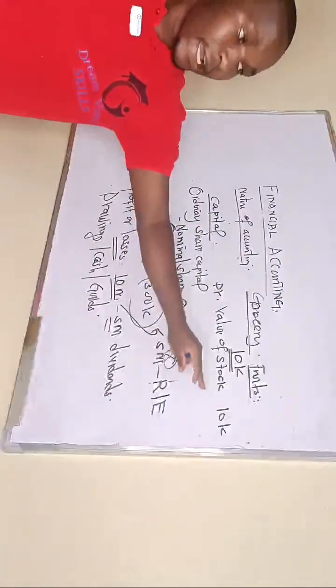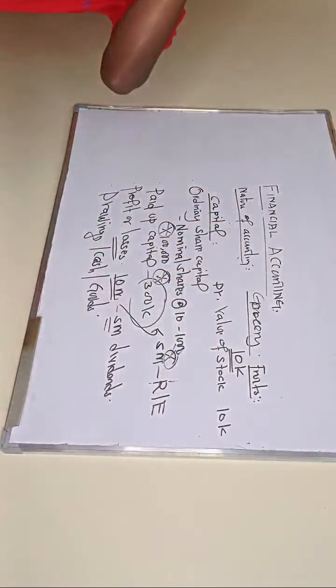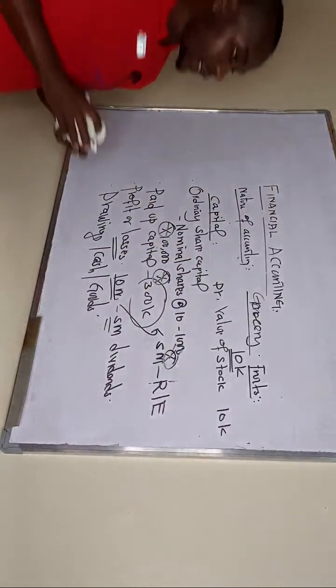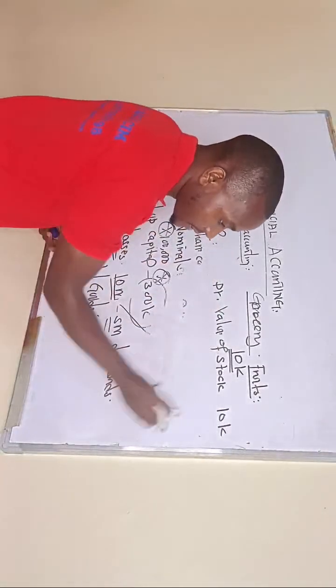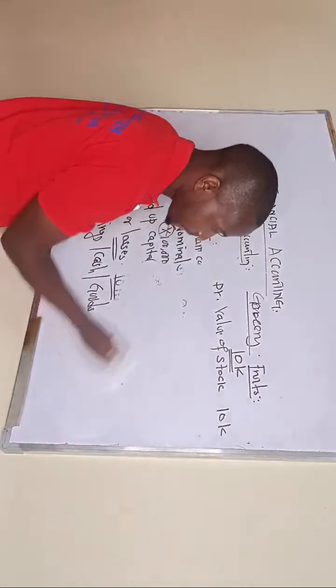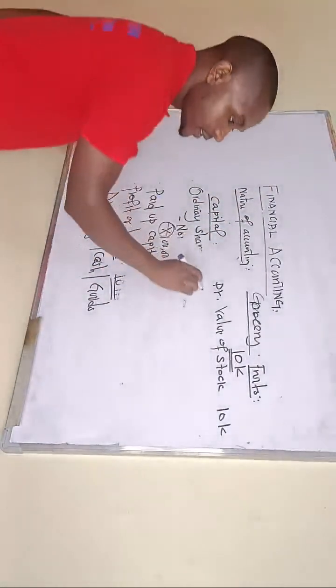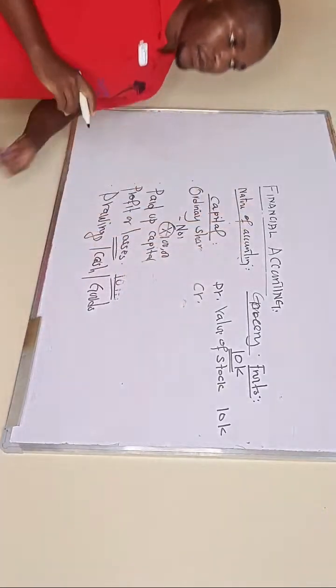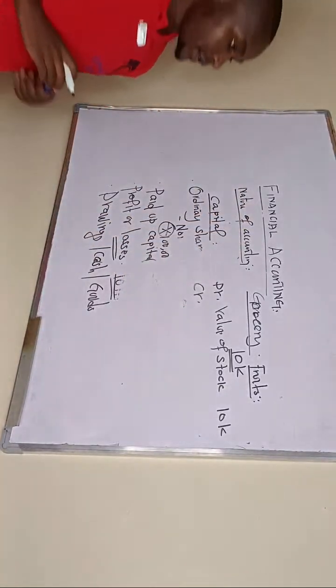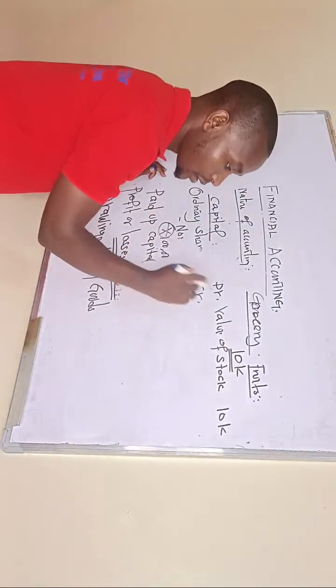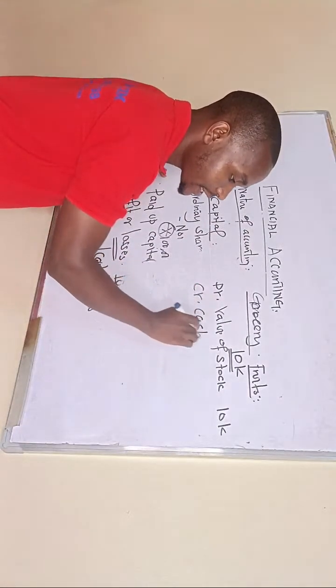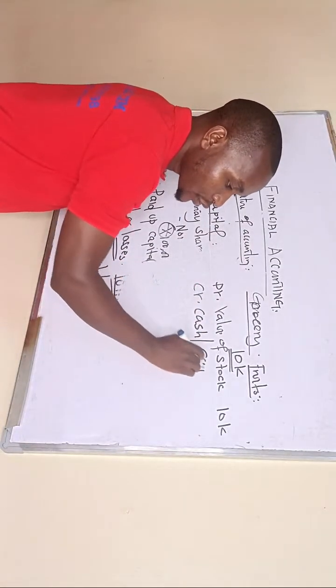We will record the stock as the opening inventory. And then you will credit the cash account and also the capital account.